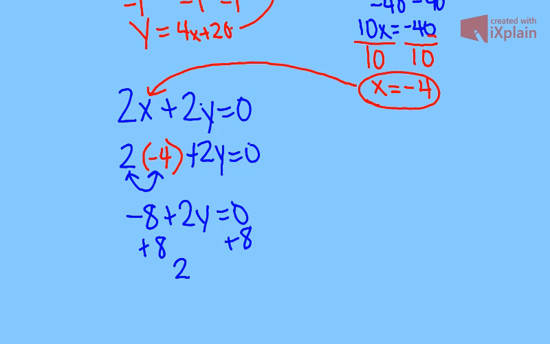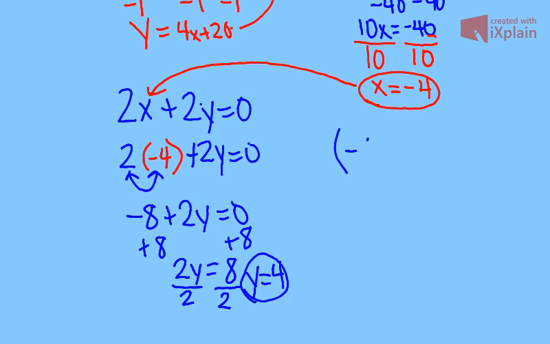We're left with a 2y on the left, and then we have an 8. We can go ahead and divide by that 2. And we're left with y equals 4. So if we look, we have our ordered pair to be negative 4, 4.